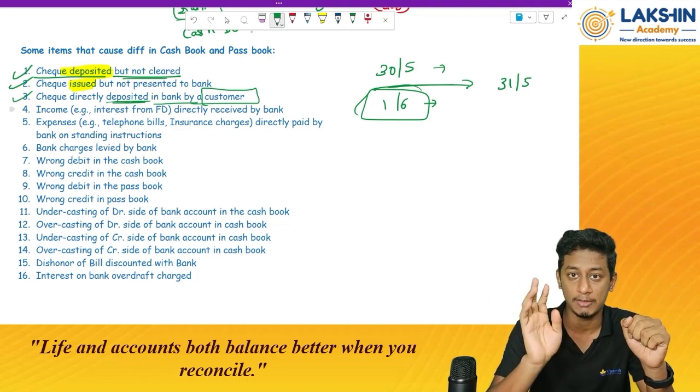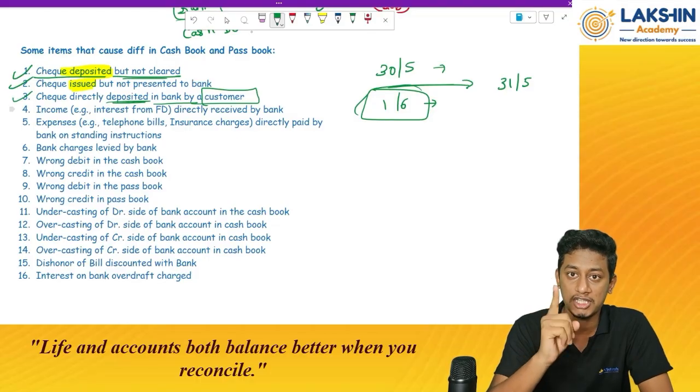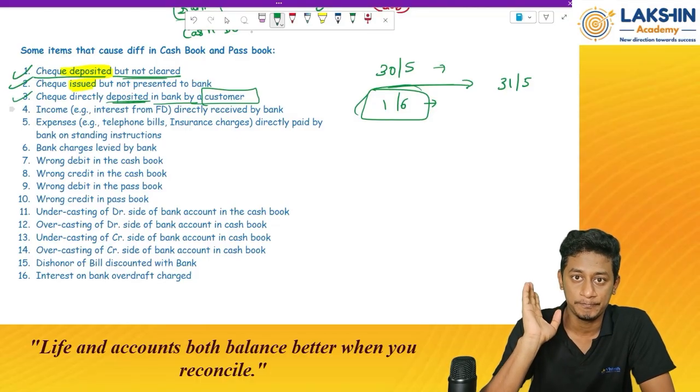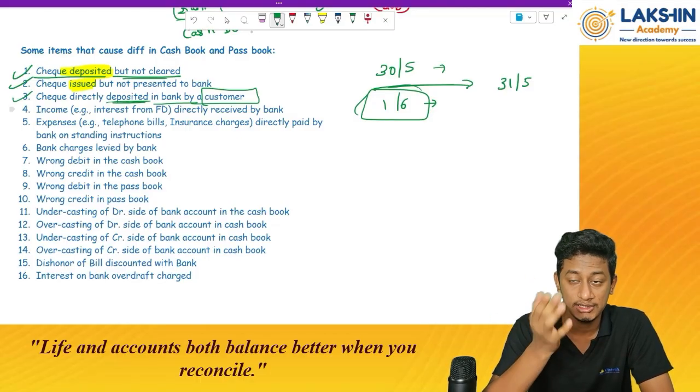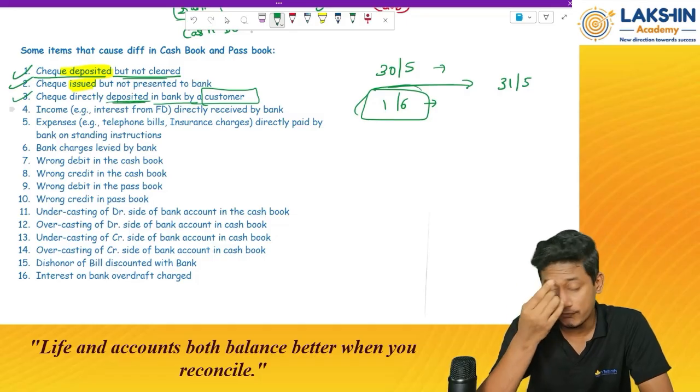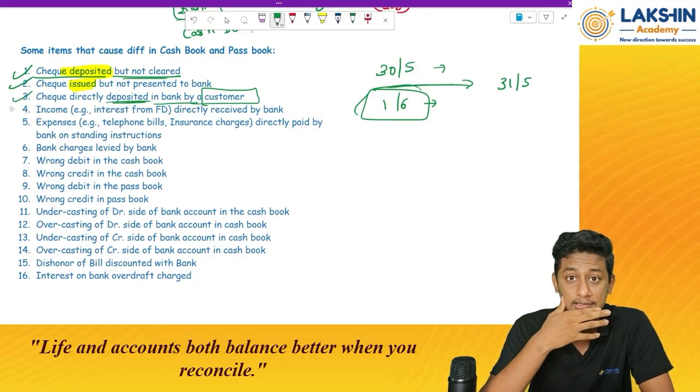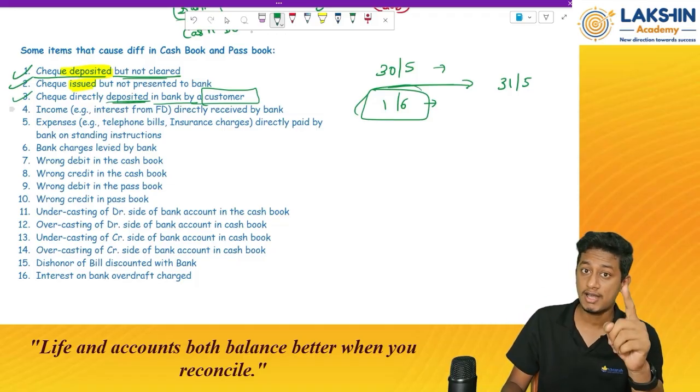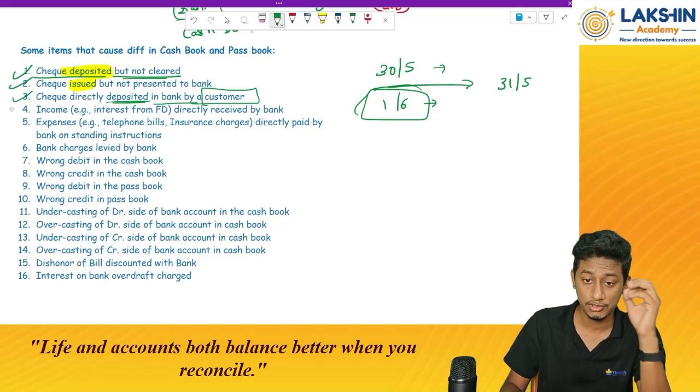I will guarantee you that, because in the examination, one question will definitely come from this chapter. Let's say 10 marks out of 40 are from bank reconciliation. Simply you can clear it, right? Simply you can score more than 60 marks because of this one chapter. Because 10 marks is a free short question for you people. So please try to clearly understand this whole concept.